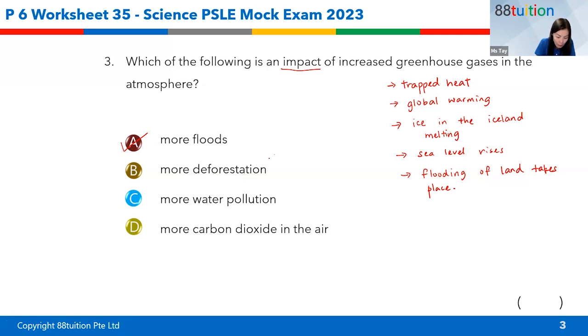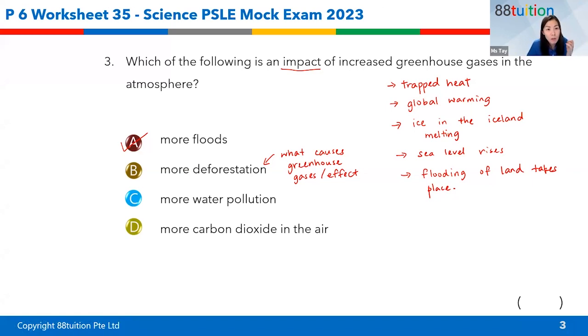Okay, this is more like the question, what causes greenhouse gases or greenhouse effect? Okay, Tammy? So it's because of the forest fire, the deforestation, then you have a lot of greenhouse gases, right?